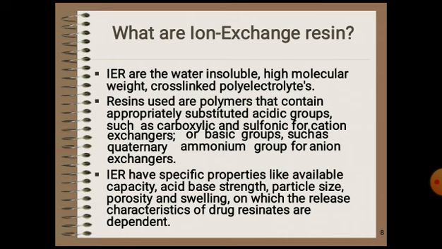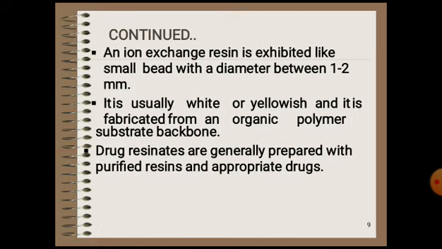For anion exchangers, basic groups such as quaternary ammonium and also polyalkyl groups are used. These are some of the properties; I'll explain in detail later. So the characteristic you have to write is water insoluble, high molecular weight, cross-linked.